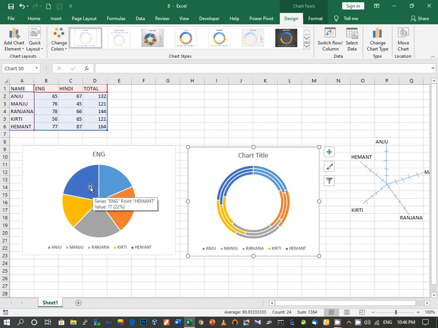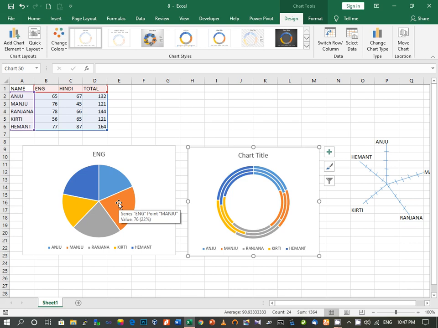So this occupies 22%. Then if we take marks of Anju, this occupies 18% of the entire circle. Then we will take Manju, this occupies 22%. Why? Because marks of Manju and Hemant are almost near, only a difference of 1 is there. So you can see that both occupy 22%. Very slight difference is there.